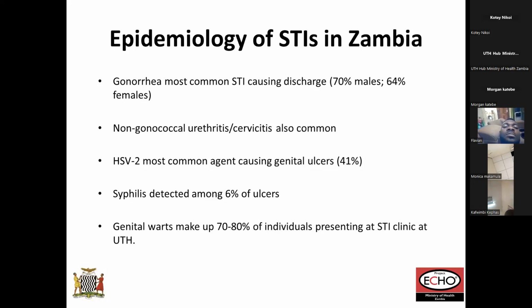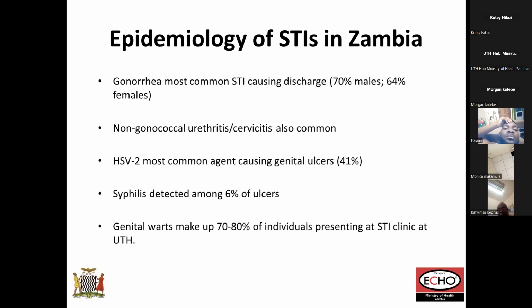HSV2 was the most common agent that caused genital ulcers. From this study, about 41% of all genital ulcers had HSV. And then syphilis was detected among 6% of the ulcers, which means HSV is the most common cause of the ulcerations.